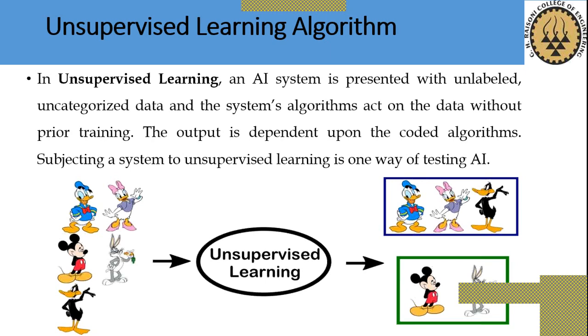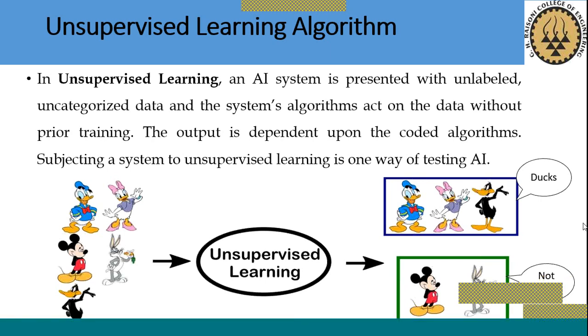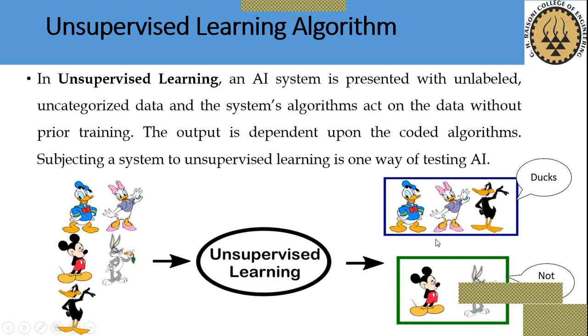Then after, you can give them a label like this: these are all ducks, these are not ducks. So based on this, your unsupervised machine learning algorithm has given us some output, and after that you are providing some tagging or label, that is duck or not duck.